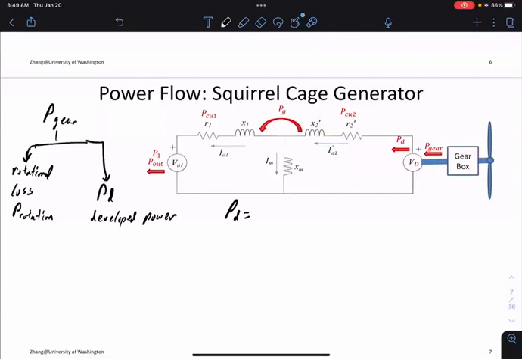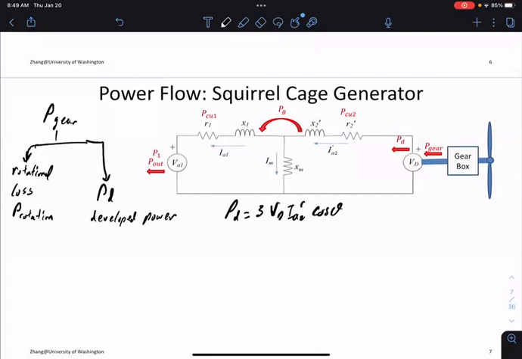So we can write this as 3 VD IA2 prime times cosine of the angle between them. If you think of VD as some voltage source, IA2 as some current, they have some angle difference theta, cosine theta, then this is the equation.